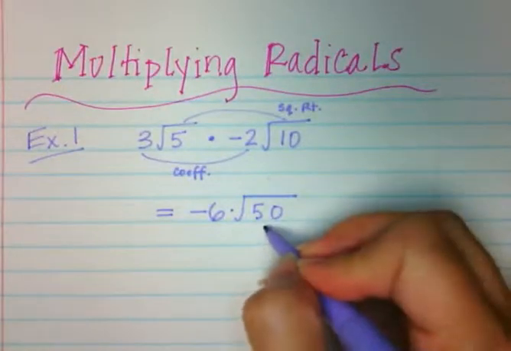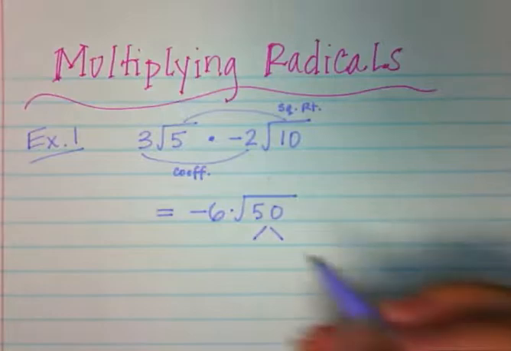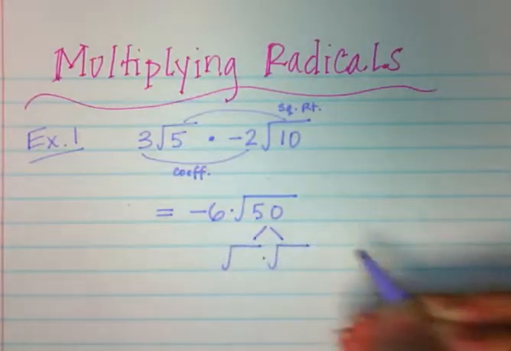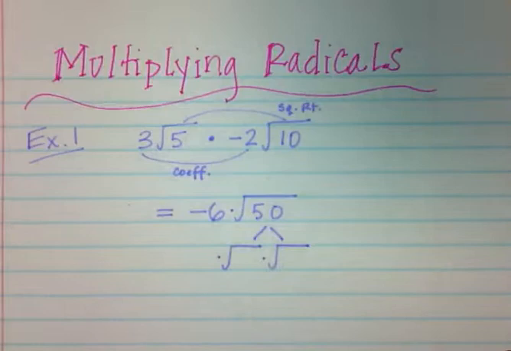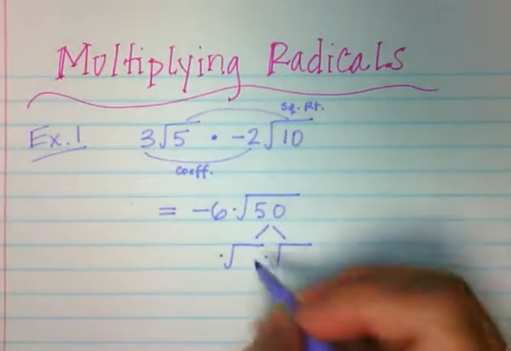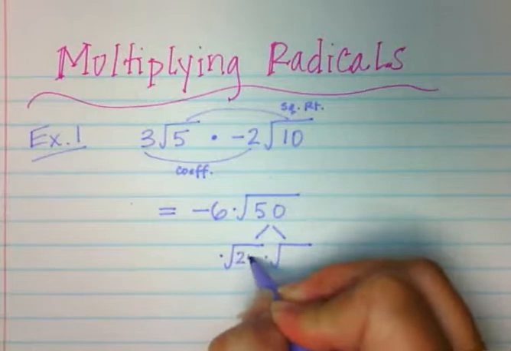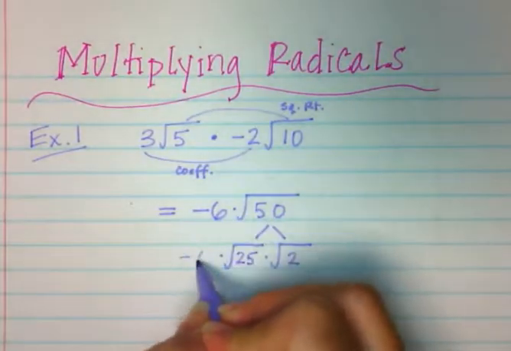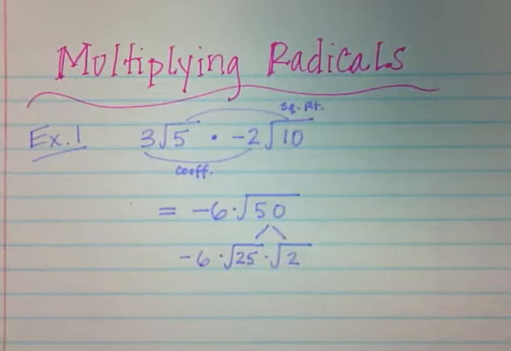So we want to look at the 50 and see if we can break this down into 2 square roots where one of them is a perfect square, and we can. So the square root of 50 is the square root of 25 times the square root of 2. Don't forget that that negative 6 is still outside.